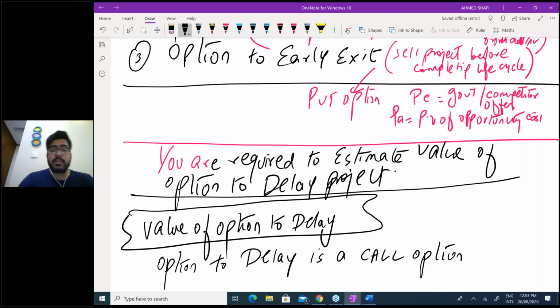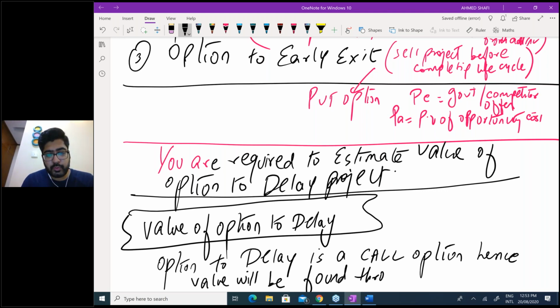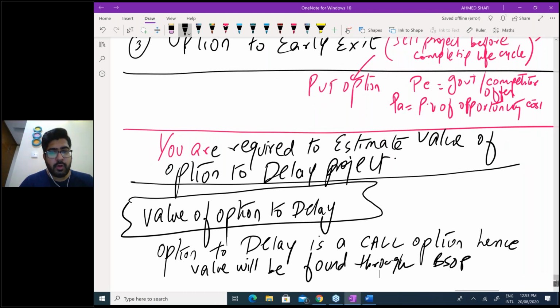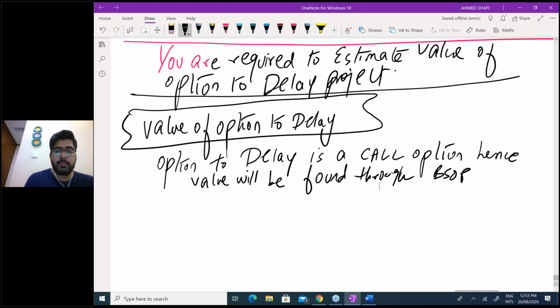Option to delay is a call option. Hence value will be found through BSOP.